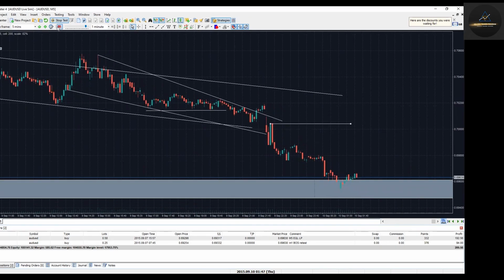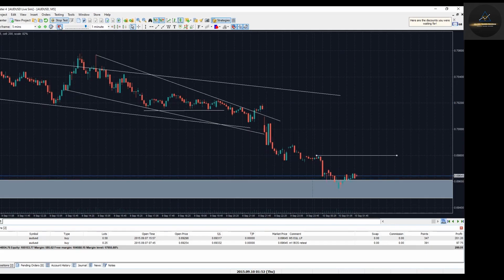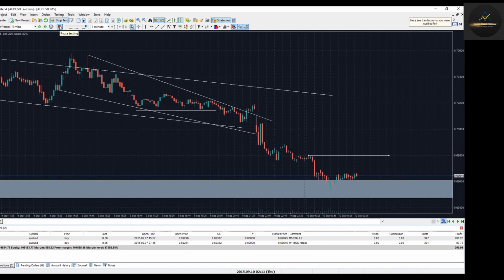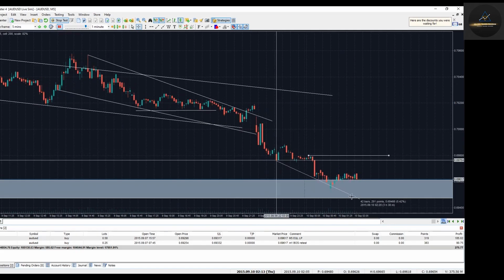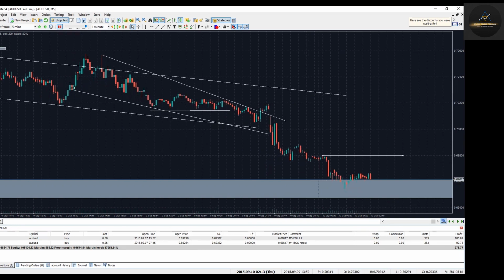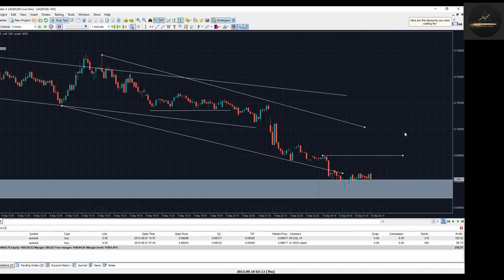Okay, so let's pause it there quickly. This is the M5. So this is the new range. Do we have a potential pattern here? Potentially. Let's have a look. Constantly have to update patterns.